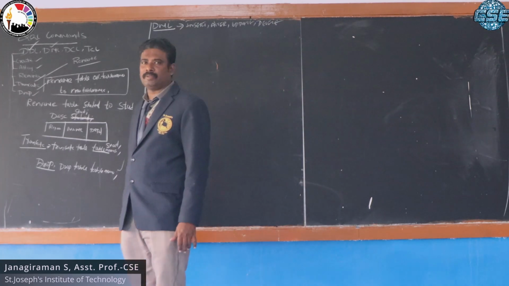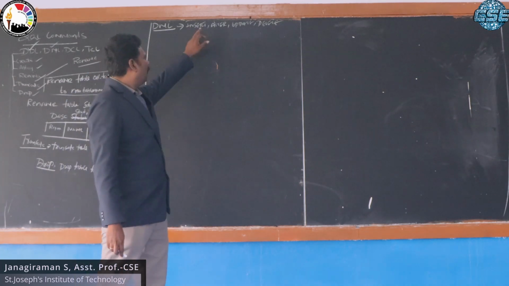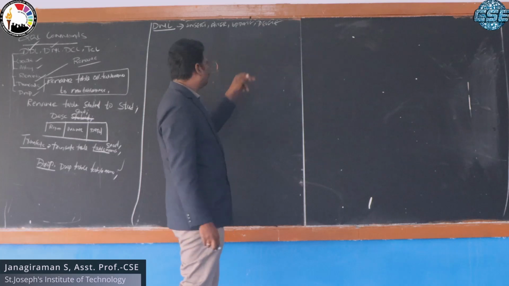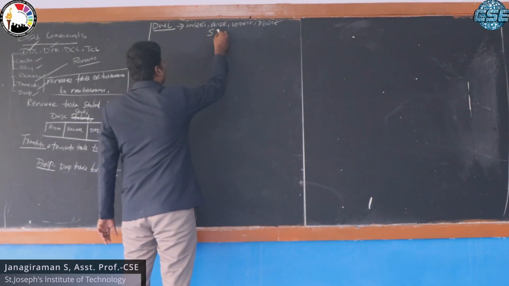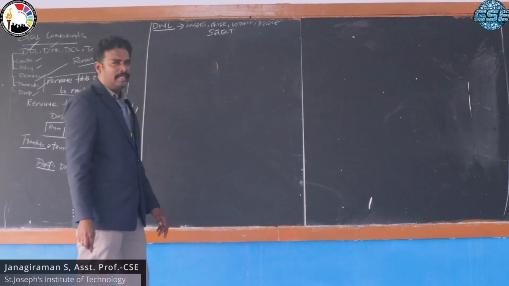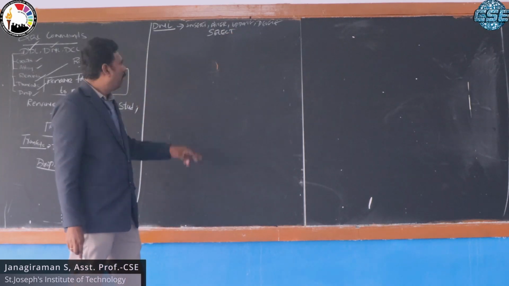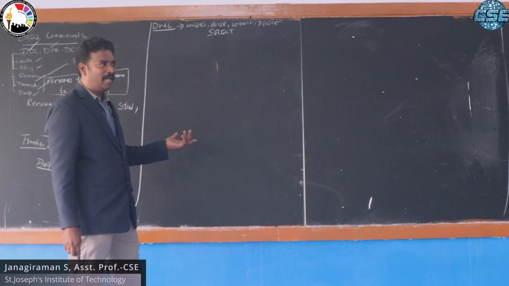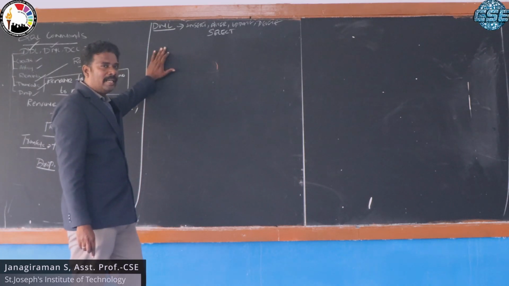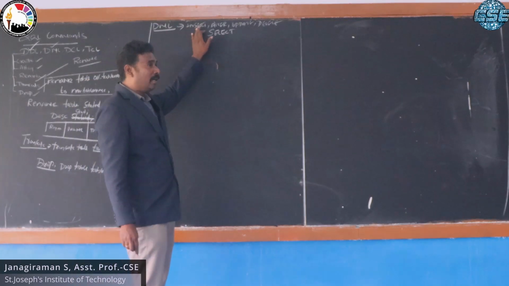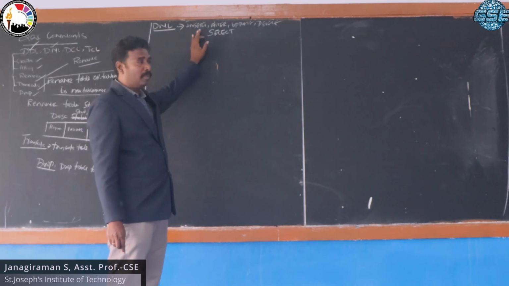So these are the possible DML commands: insert, alter, update, delete, then select. So these are DML commands, where you can insert the data into the table. Not just insert, you can alter the data inside the table, that is you can modify.